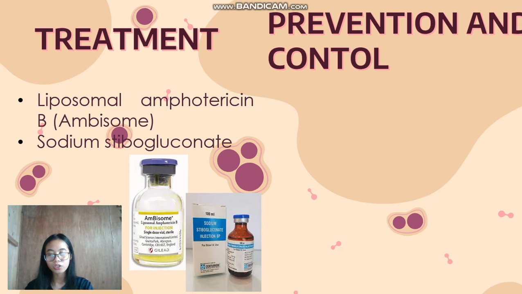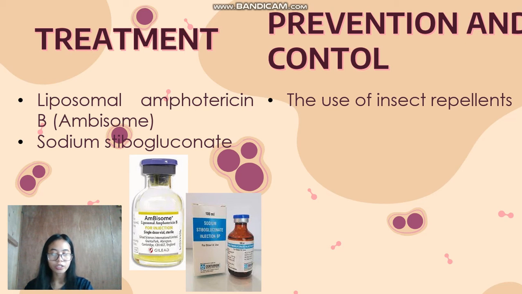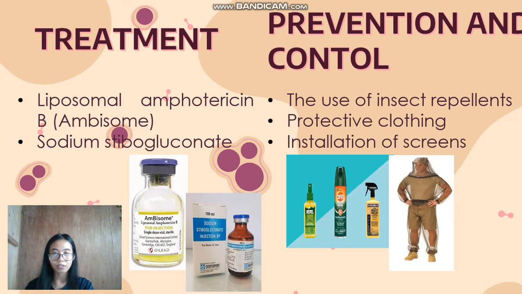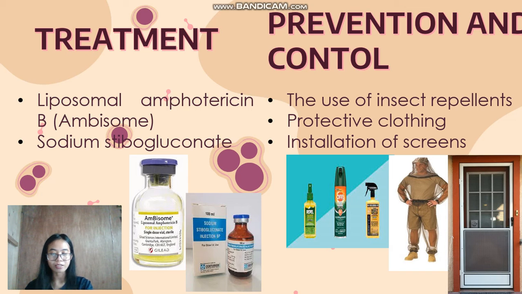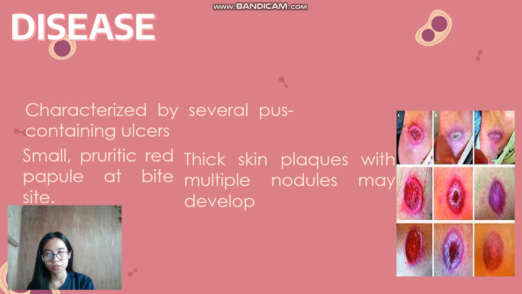For prevention and control, control of vector populations is important. The use of insect repellents and protective clothing and installation of screens may be helpful to prevent and control such flies to avoid having the disease.